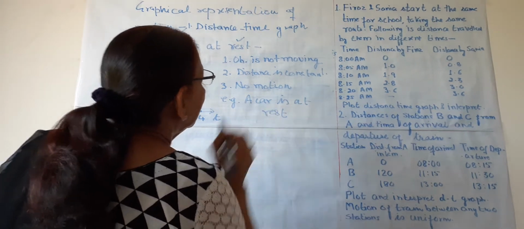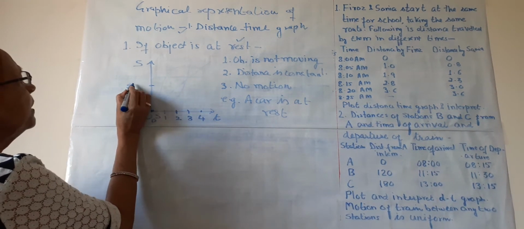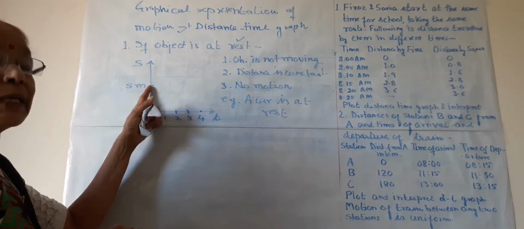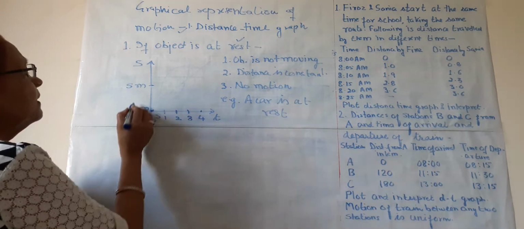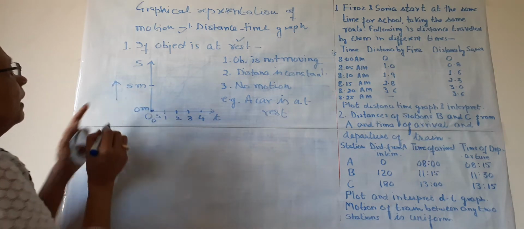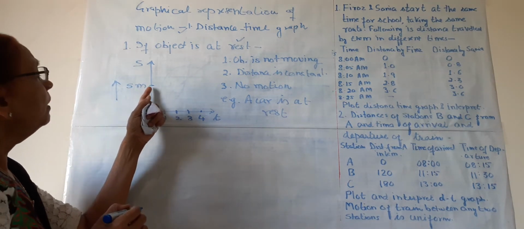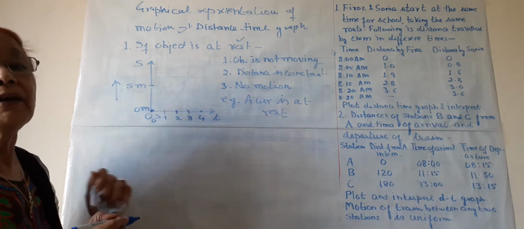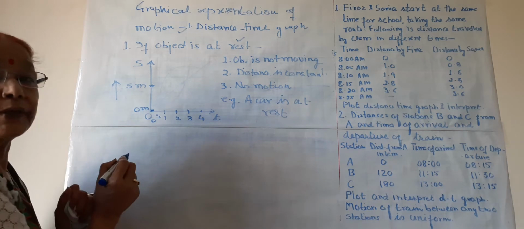An example is, suppose a car is at rest. If the car is at 5 meters, it reaches 5 meters, and this is the distance, all of you know, and it becomes stationary or stops here at 5 meters.